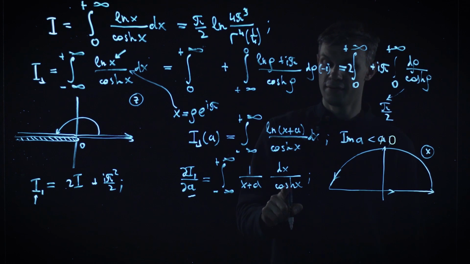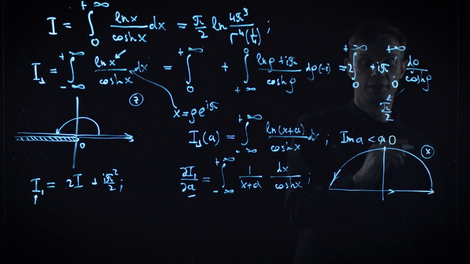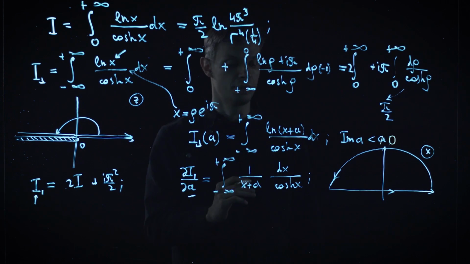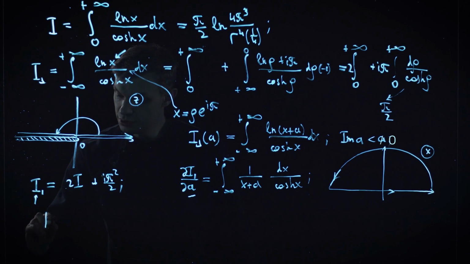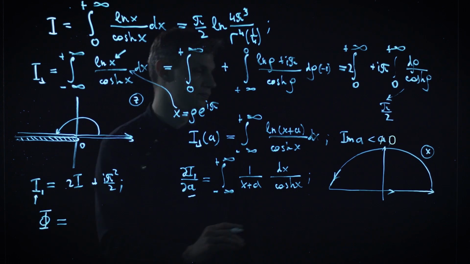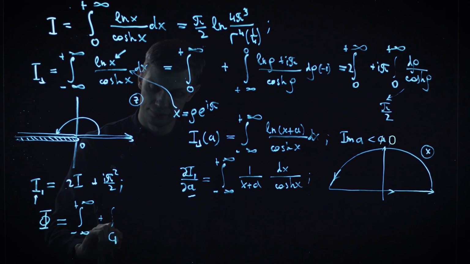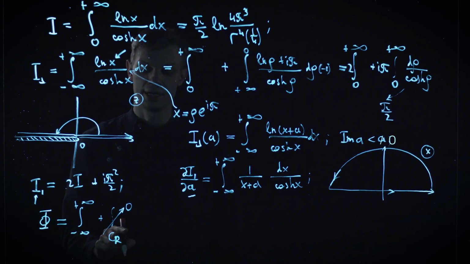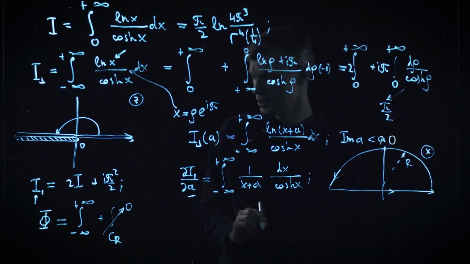Since we have this hyperbolic cosine function, it decays in the upper half plane, as you're probably aware. The closed contour integral consists of the original integral from minus infinity to plus infinity, plus the integral along this semicircle, which vanishes as r, the radius of this circle, tends to infinity.